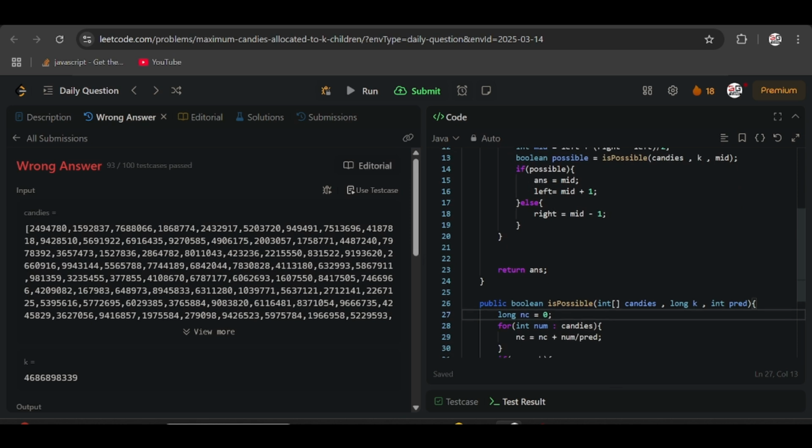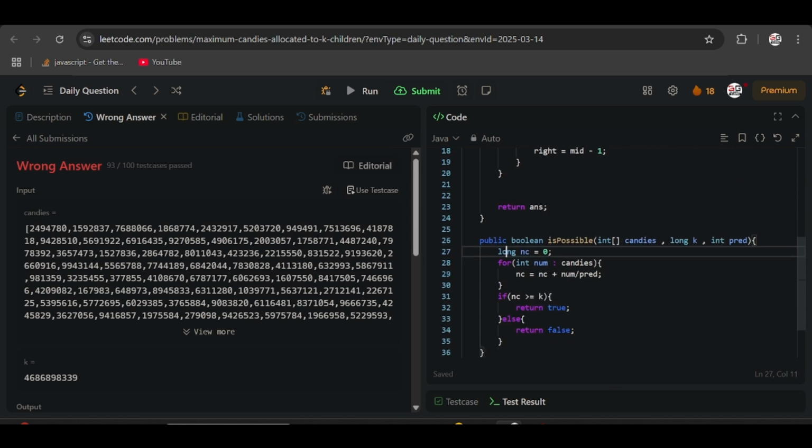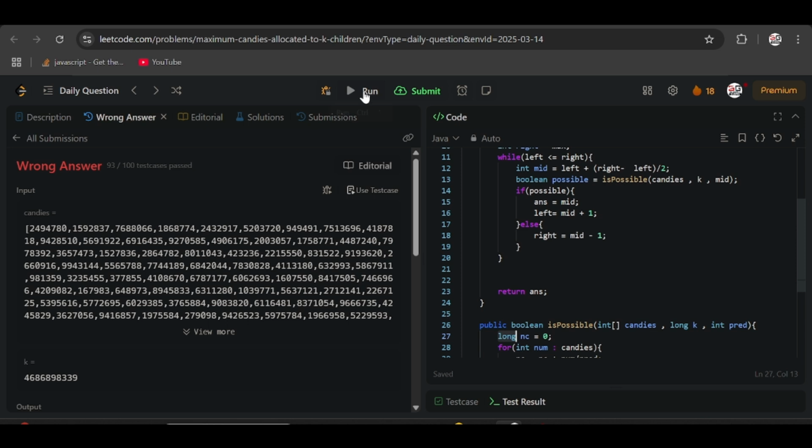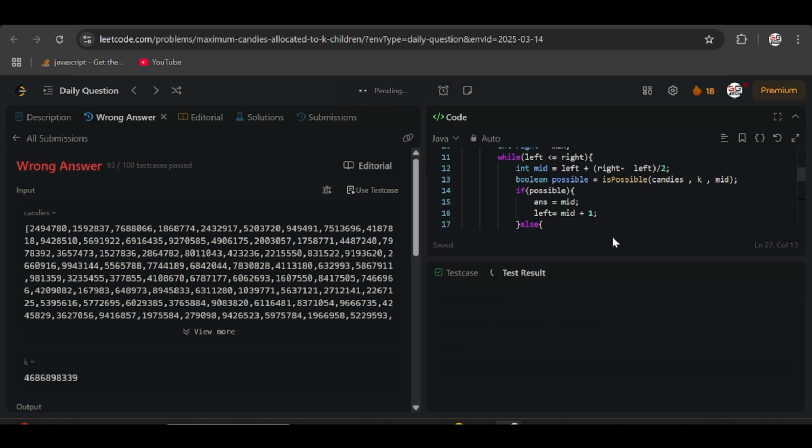So yeah, actually the issue was that my NC was integer, but it should be a long value. Why long? Because the k given is long. So if it is integer and it is getting out of the bound of integer, that is why it was giving the wrong answer. So let's see if it works now.